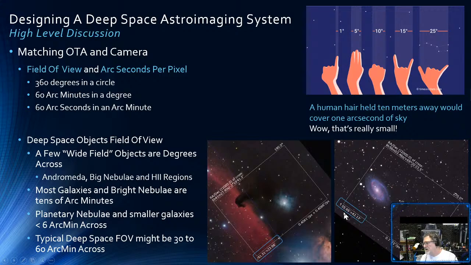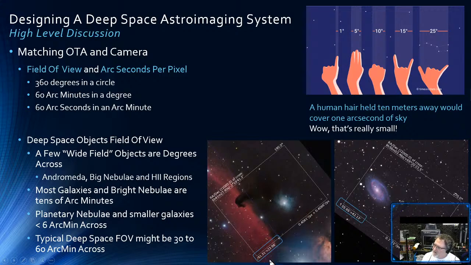This is 55 and change by 42 and change arc minutes field of view, as shown in Stellarium against an image of M81 and M82 by Rob File, one of our SJAA members. So that's a typical size. And then on the smaller end of things, here's another iconic image of the Horsehead Nebula, and NGC 2023 maybe, one of my favorite nebulae there.